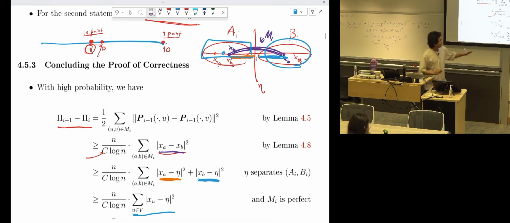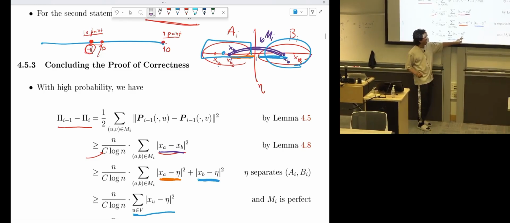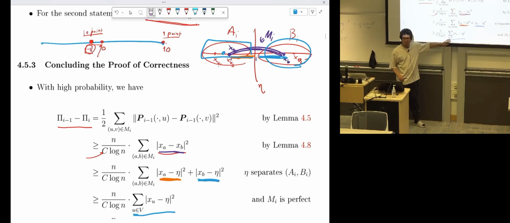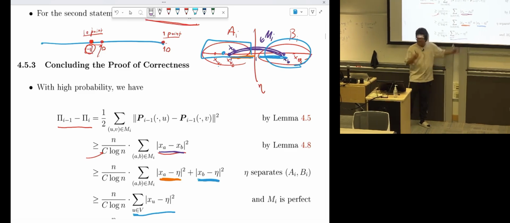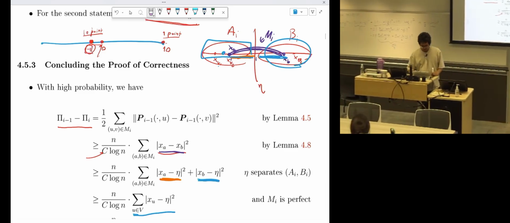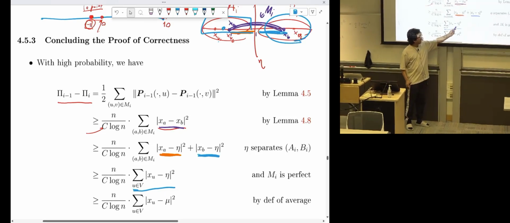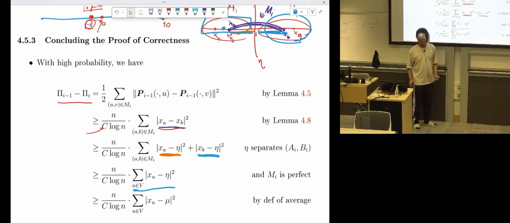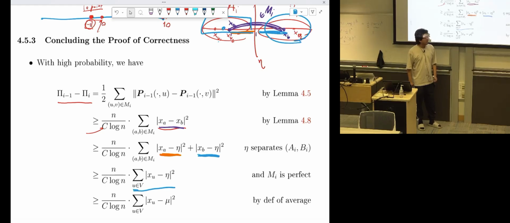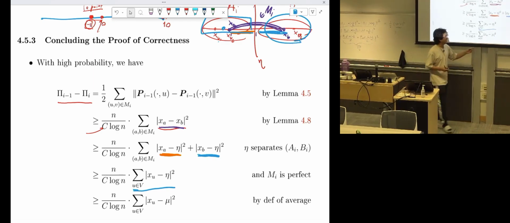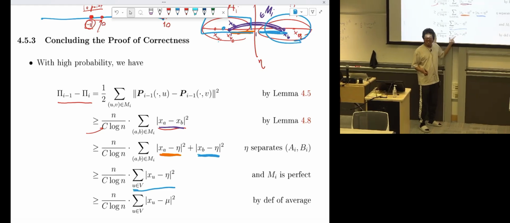Yeah. So eta, the median, and the average are not quite the same. But this looks almost like what we are familiar with. You can say that you can replace eta by the average here. Why is that? Because if you think of the average as the optimization point, it really is just the point that minimizes this squared distance.